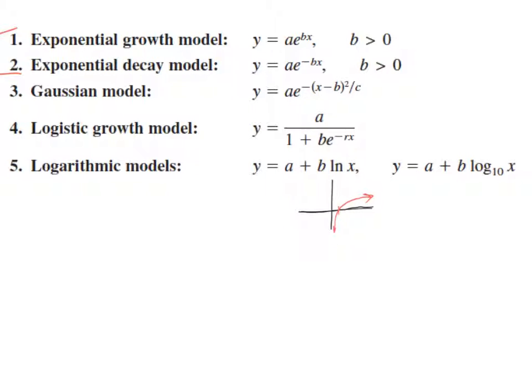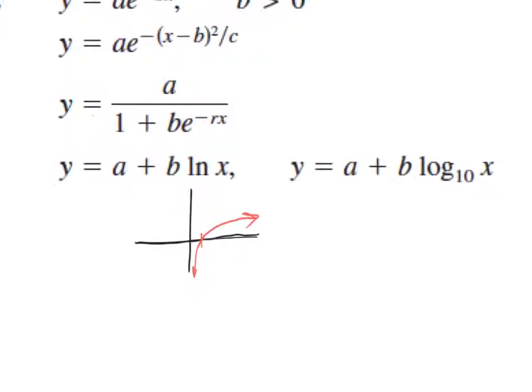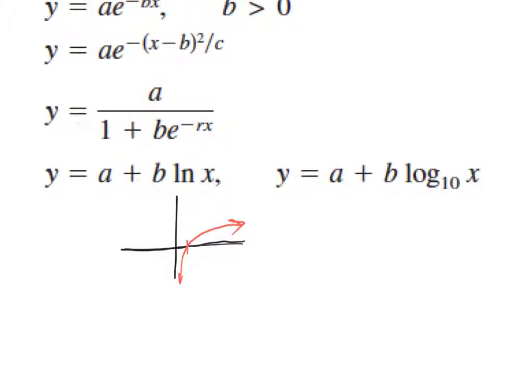Now, logistic models are kind of interesting because these models are used for situations where we have some sort of growth, but the rate of growth changes, and then over time it reaches a maximum. A good example is an epidemic that breaks out.